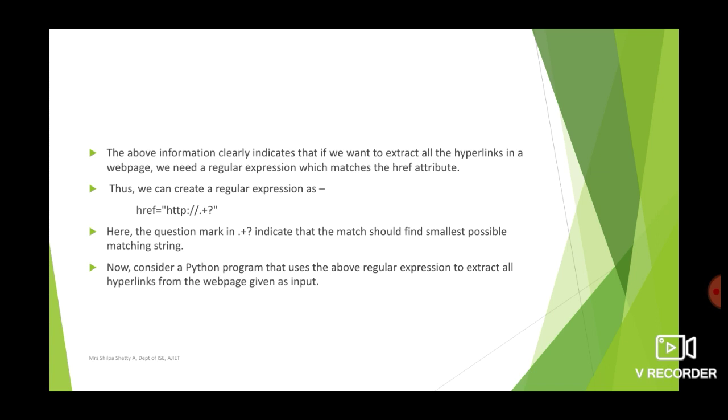Instead, we can write a regular expression that matches all these hyperlinks in the web page, and we are able to fetch the required information. In the earlier example we wrote a direct link to the page that we would like to access, whereas here we can write a regular expression.